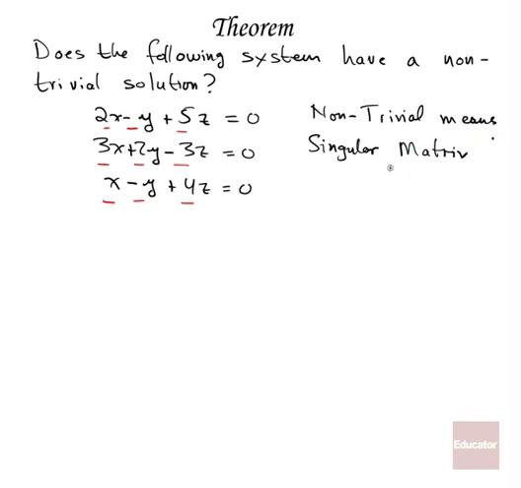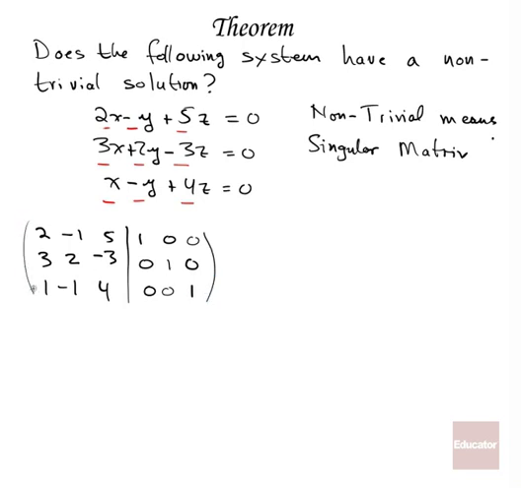should be singular. Well, let's check. We go ahead and form the augmented matrix. So we'll take 2, negative 1, 5. We'll do 1, 0, 0, 0, 1, 0, 0, 0, 1. And then we'll finish this one off: 3, 2, negative 3, 1, negative 1, and 4.